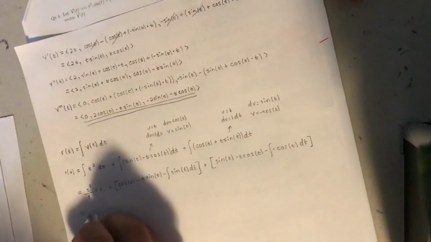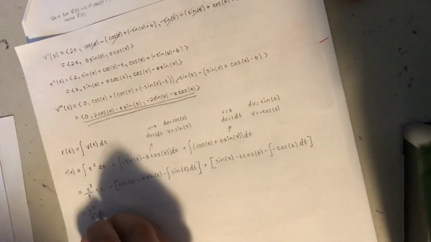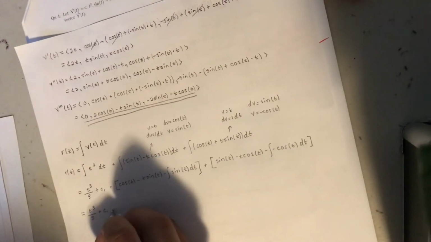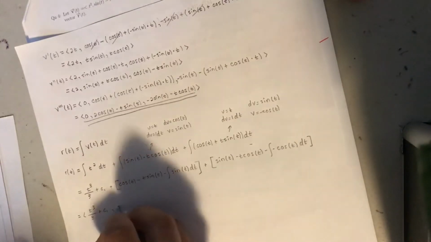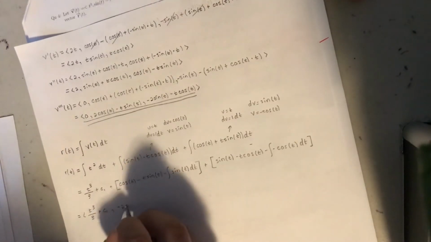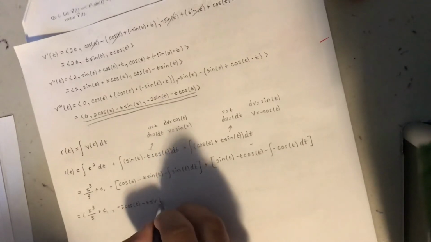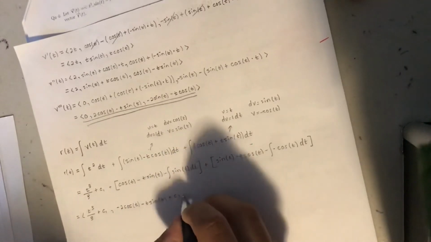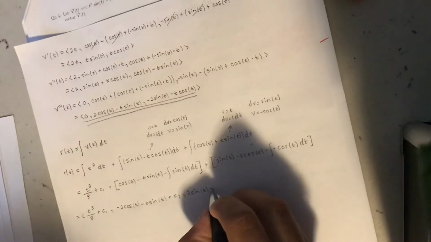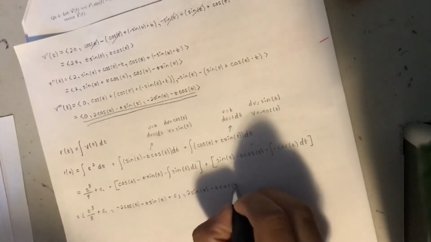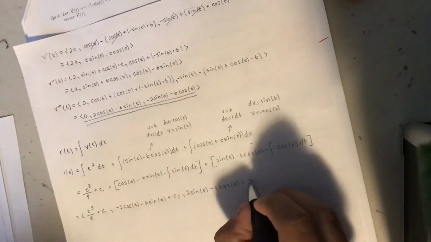So then we get t cubed over 3 plus c1, we get the vector negative 2 cosine of t minus t sine t plus c2, and then we get 2 sine of t minus t cosine of t plus c3.